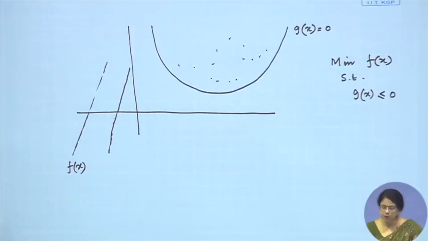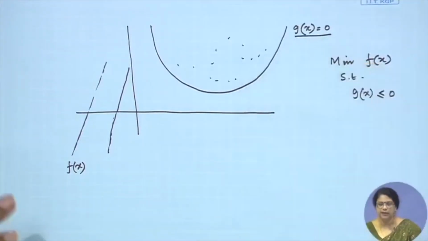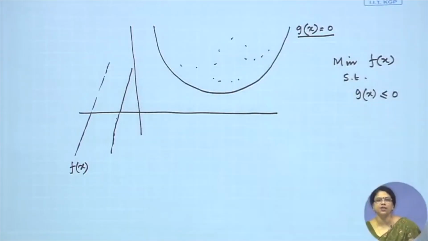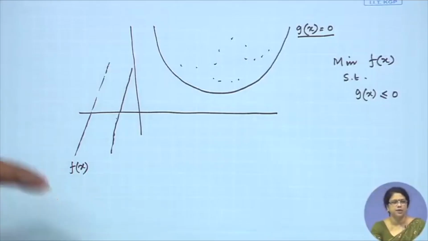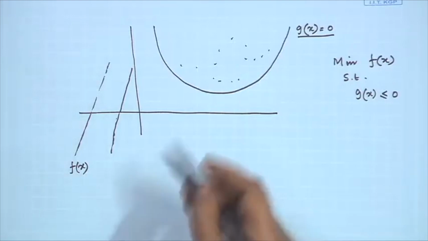For this problem, one thing we should know is the range of x. We have g(x) less than or equal to 0, but if we can somehow find the range of x from the constraint set, that can be nice, because we have to start the process from one point.